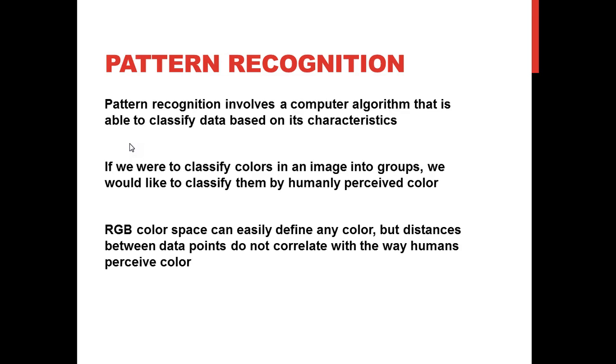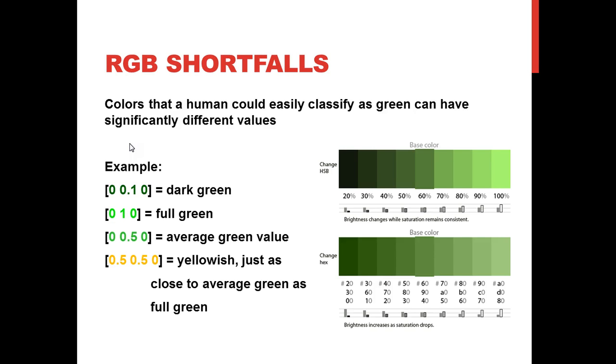The issue with RGB space is that it easily defines any of the colors, but it doesn't define the way that the data correlates with each other in the same way that humans would correlate the colors. This can be seen here in the shades of green.